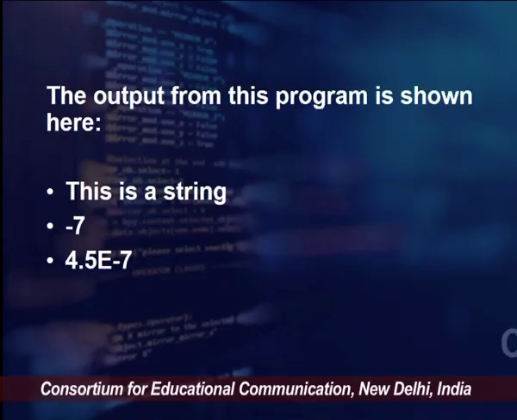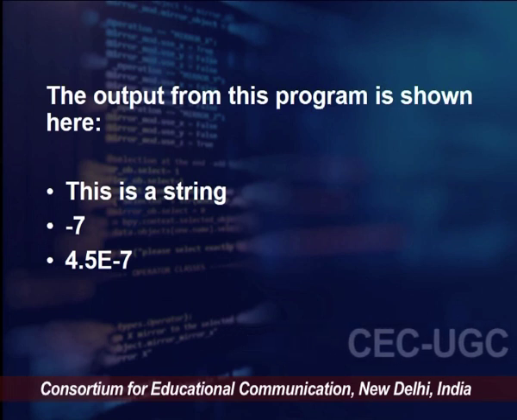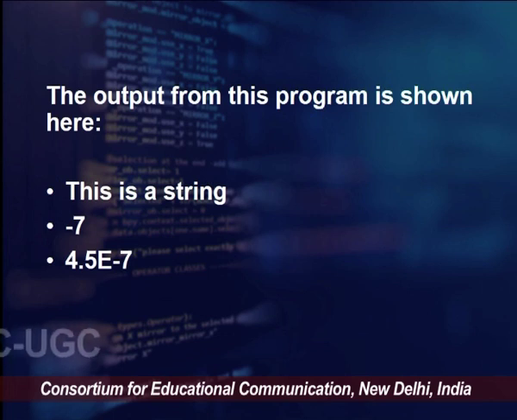By virtue of using this println three times, the output from this program will be: this is a string, then -7, and then 4.5e-7, that means an exponential number here.